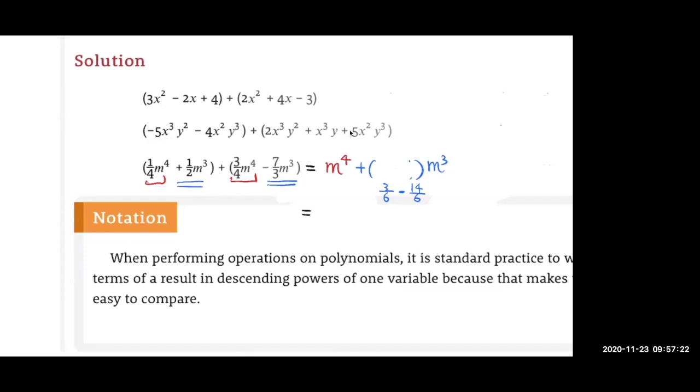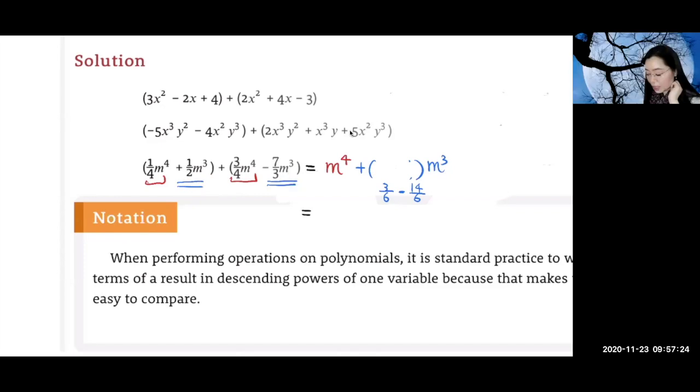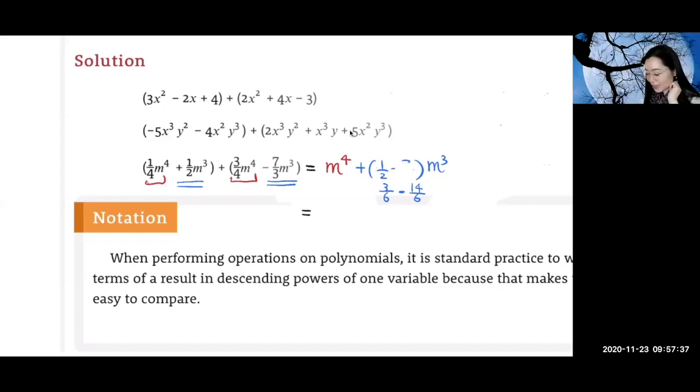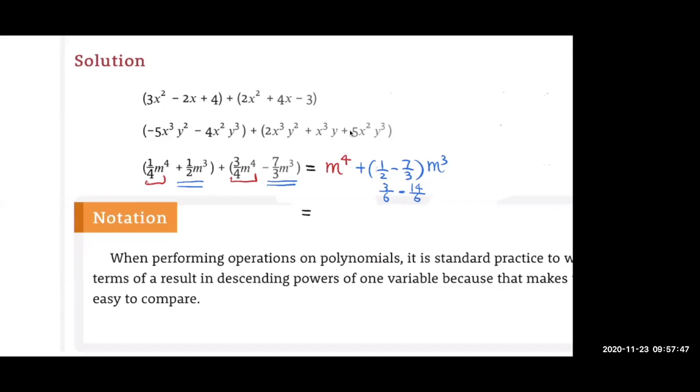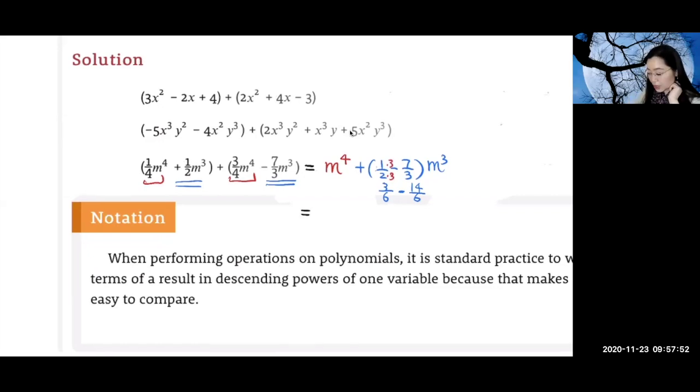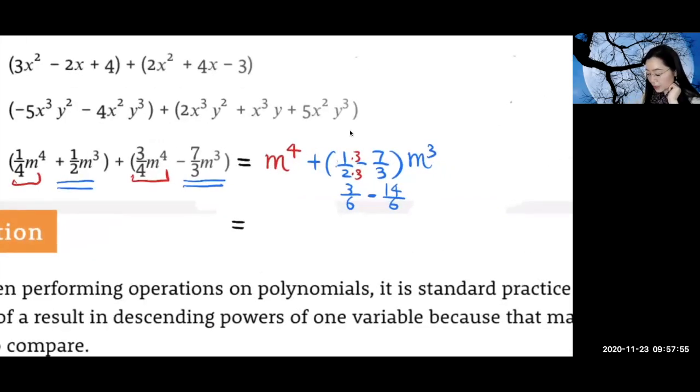Now what about these two? These two are like terms, m cubed, m cubed. 1/2 minus 7/3. How do you do that? Negative 11/6. Okay, that's good. So 1/2 minus 7/3, you convert them into a common denominator, 6. So you multiply this by 3 up and down, so you got 3/6.